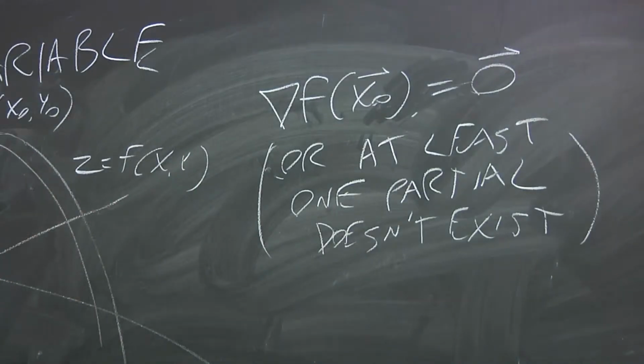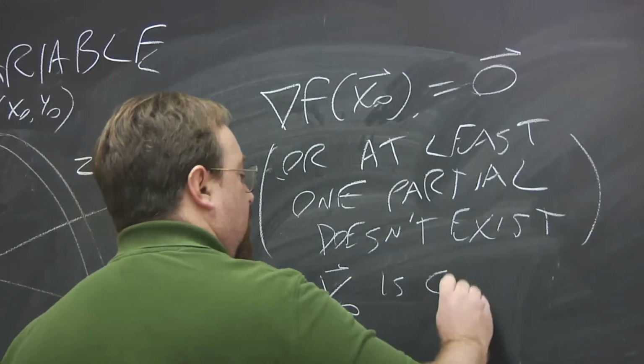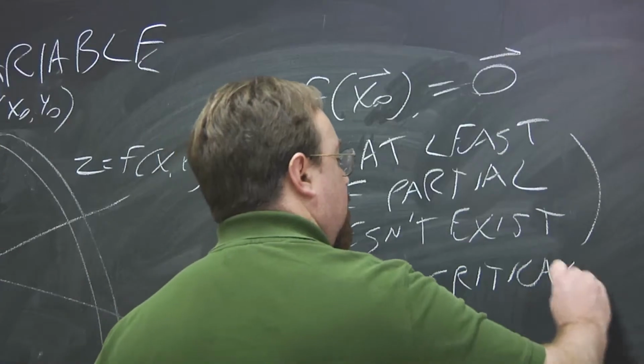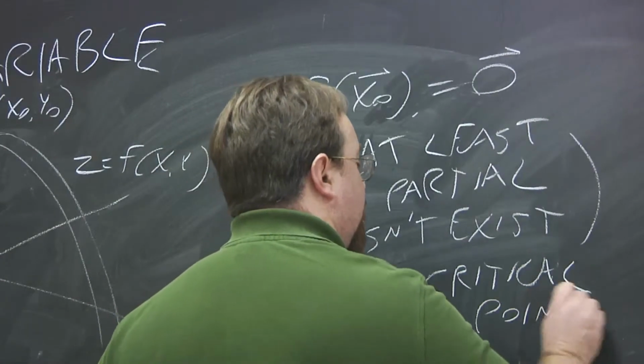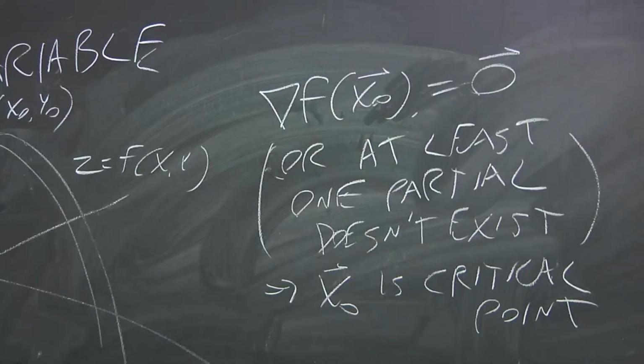So if all the partial derivatives are 0 or there's at least one that doesn't exist, then x naught is a critical point. In this case, we need to call it a critical point because it's no longer just one number, it's a vector quantity. So that carries over in a pretty straightforward fashion from the single variable case.